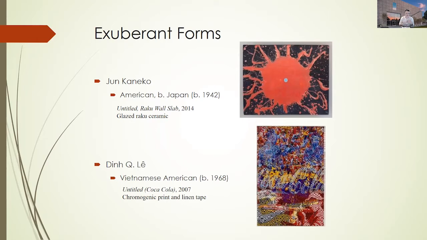Again, the exuberant forms are talking about using abstract concepts, but with new materials, or reinventing it with old materials. The one below is Dinh Q Lê, a Vietnamese American artist, and this one is called Untitled Coca-Cola, and the media just says chromogenic print and linen tape.